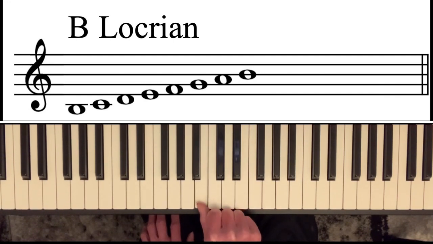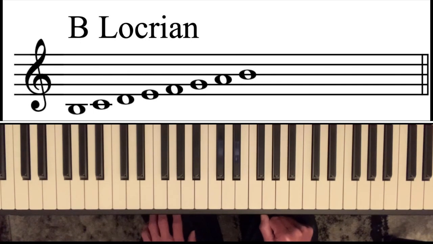You get a Locrian mode on B there. So it's the notes of a C major scale, but starting on the seventh note, which is B. And although it's the same notes as a C major scale, it sounds completely different because you've completely altered the order of tones and semitones in it.